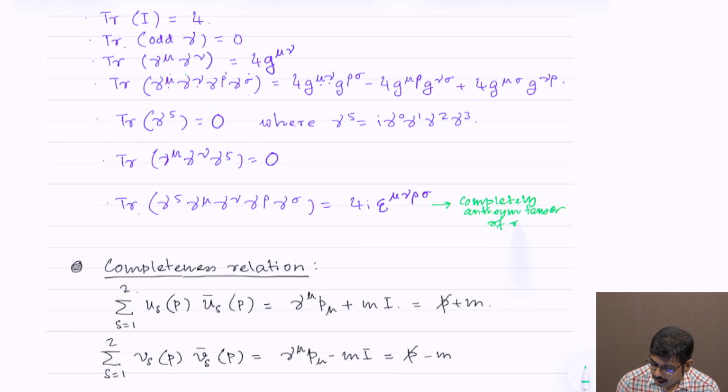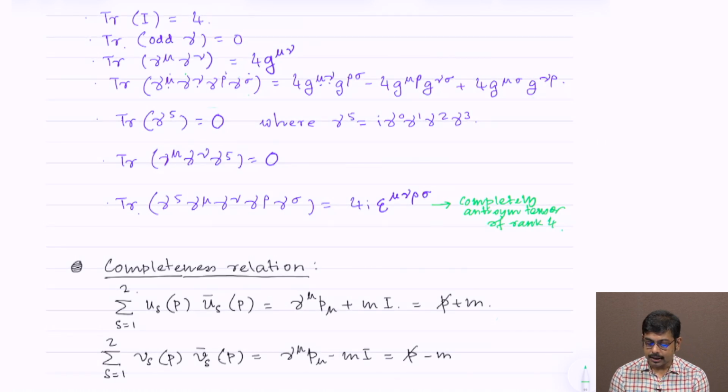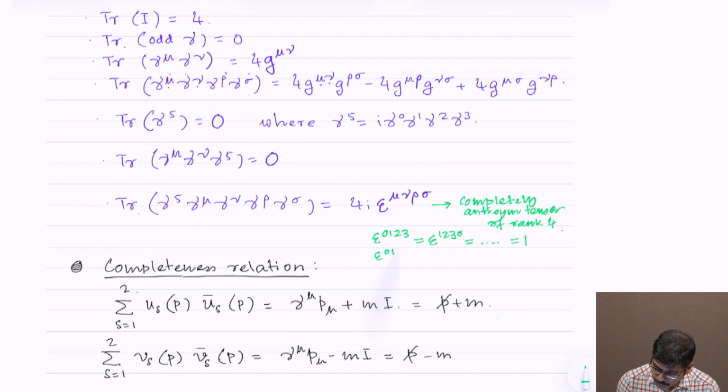What does this mean? It means that epsilon 0123, epsilon 1230, these are all 1. If you do epsilon 0132, any odd permutation, that will give you minus 1.